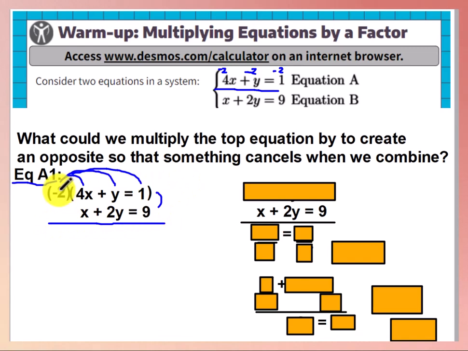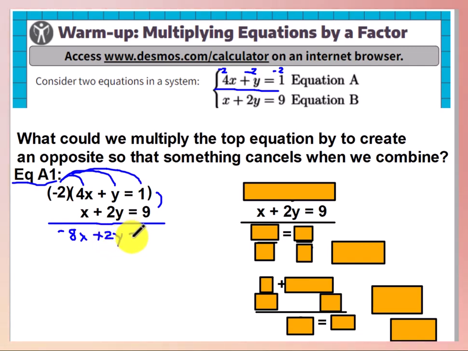Okay, so 2 times 4 is going to be 8x. I'm going to write it underneath, but it's going to be a -8x because we're distributing a -2. -2 times 1y is -2y.